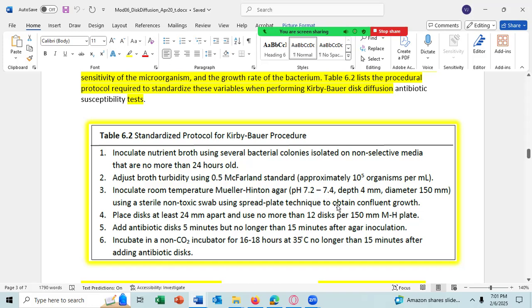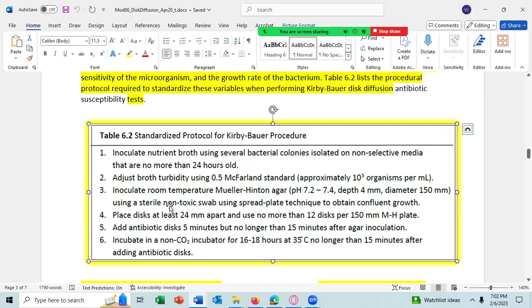We always make the Mueller-Hinton agar 4 millimeters in depth because if you have deeper agar, you'll have a smaller zone of inhibition because the molecule will have a harder time diffusing through the agar. And we always use a plate diameter of 150 millimeters. I don't think that one will affect the zone of inhibition, but I've never tried it to see if it does, but I think that's just a standard they do.